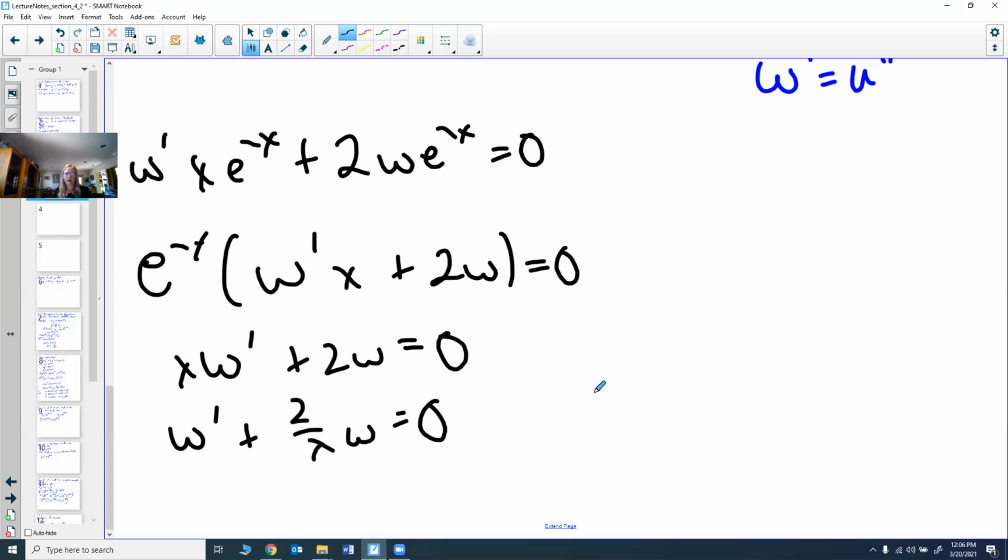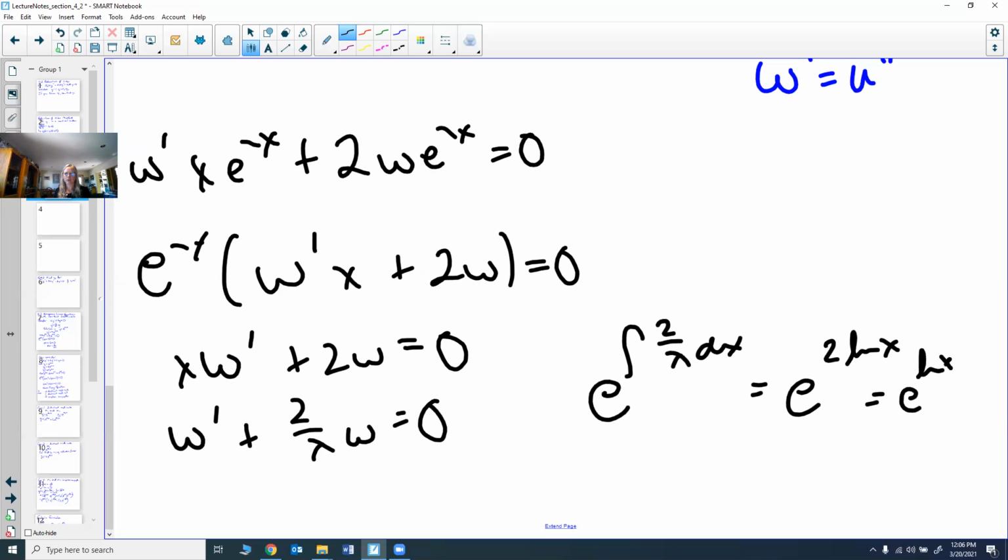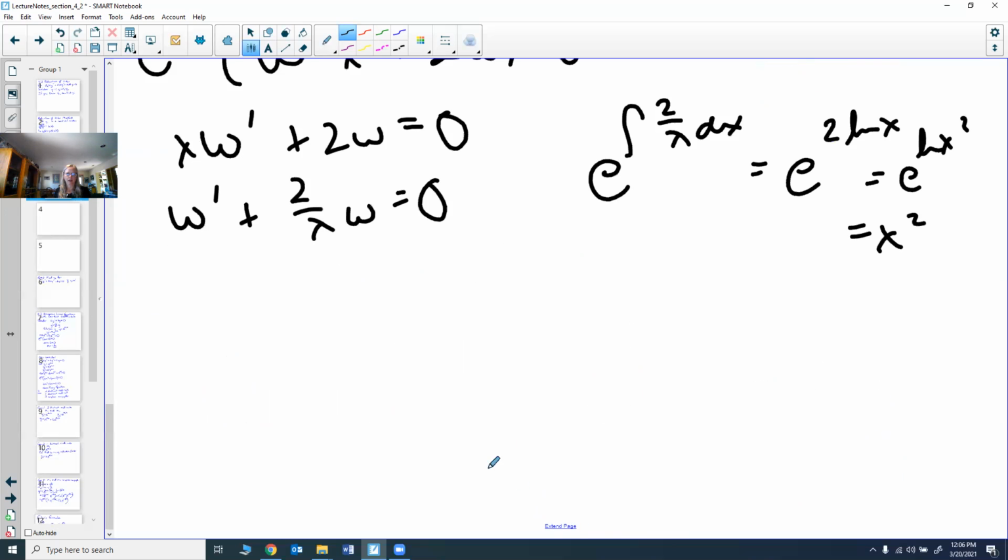So when I do that, my integrating factor is e to the integral of 2 over x dx. So that'd be e to the 2 natural log of x. So that'd be e to the natural log of x squared. So that's x squared. So my integrating factor is x squared, so I have x squared w prime plus 2xw is equal to 0.